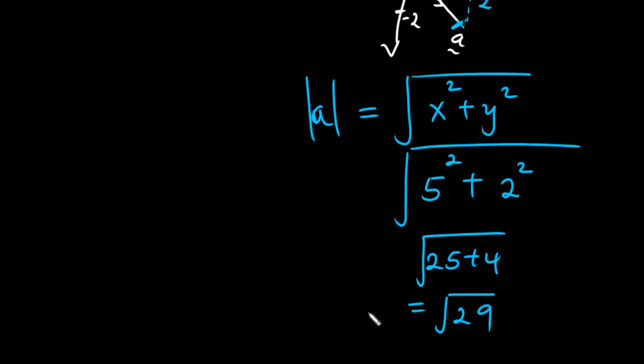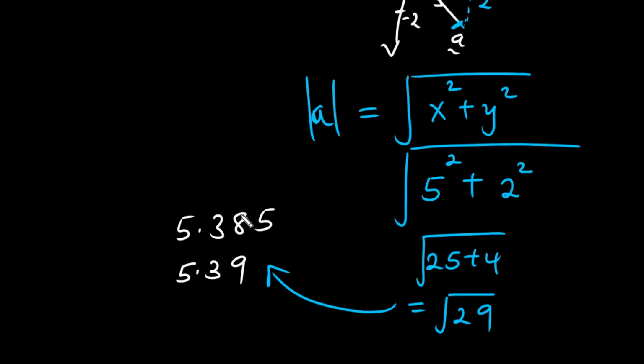You can use your calculator: the root of 29 is 5.385. But remember, we were supposed to give our answer correct to 2 decimal places, so when you round off, it's 5.39 units. So that is the magnitude of vector A.